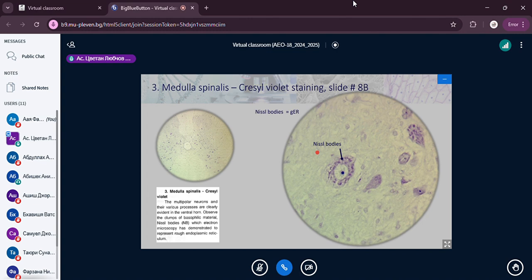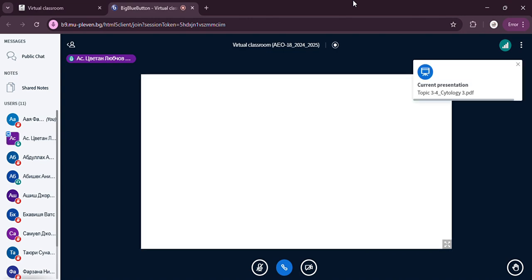These structures we call Nissl bodies, guys. That's why I write that Nissl bodies equal the granular endoplasmatic reticulum. Okay, with this one we finish the first presentation.